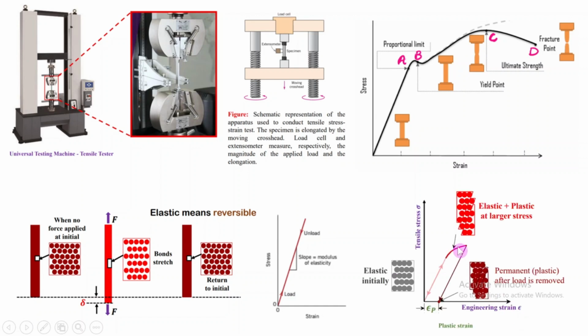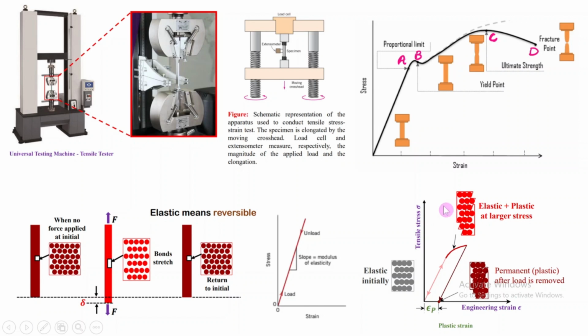Now beyond this point up to point B, the material is still elastic, meaning that if we apply the external force, these planes will slip over each other slightly, and if we remove the external force, these atoms will again come to their original position.